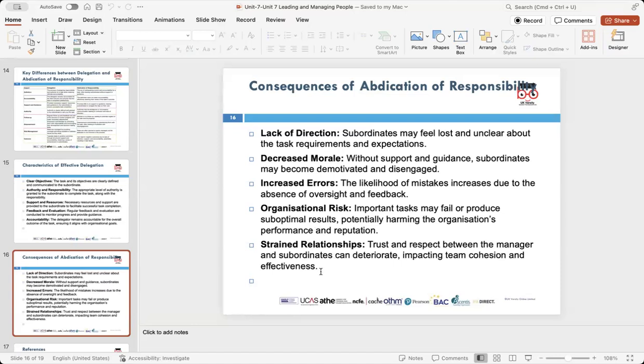And finally, a strained relationship can develop between managers and employees, reducing trust and teamwork. Abdication weakens the work environment while effective delegation strengthens it.